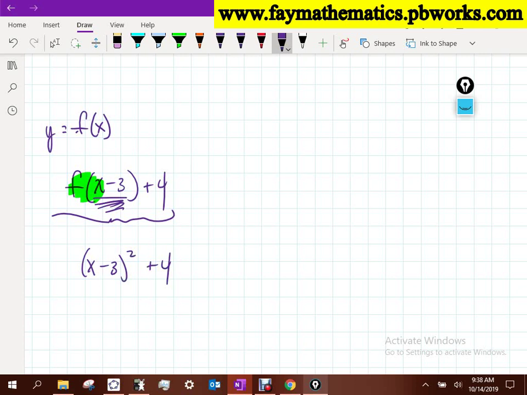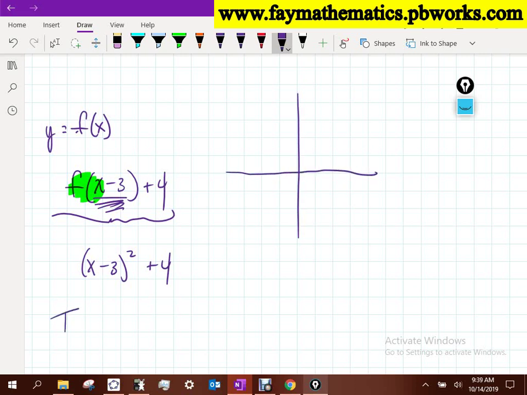So I'm doing something to an x before I do a more overall, governing function here. That's a left or right movement. That plus 4 is what is happening to the y value. I'm adding 4 to those y values. So there, if you think back to geometry, we use the notation like this.